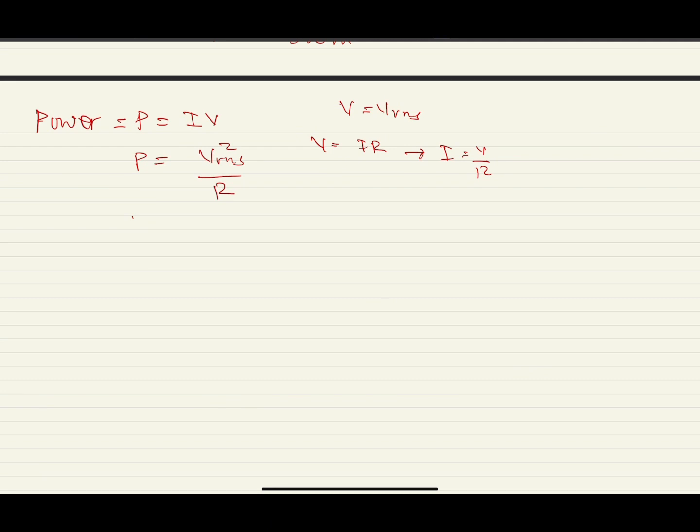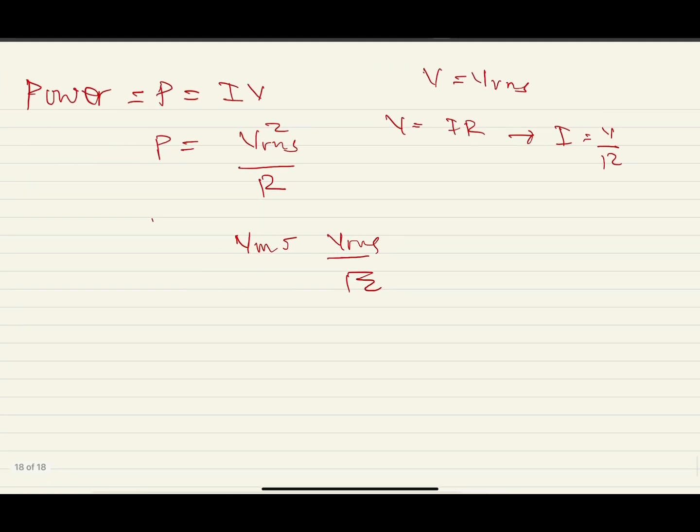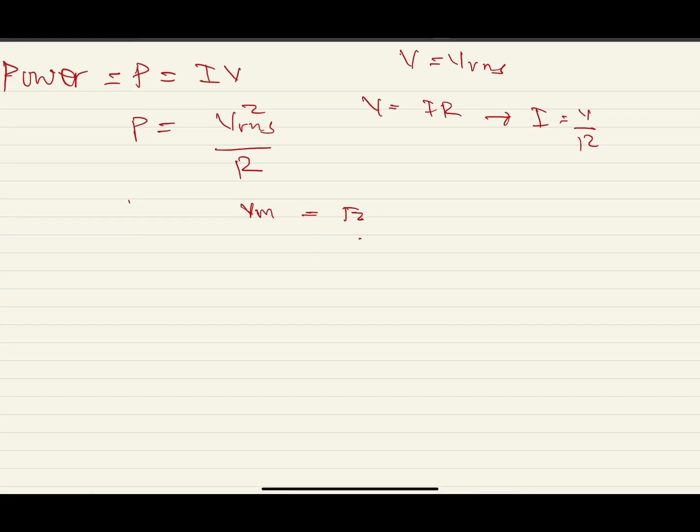We know that the VM amplitude is equal to root 2 VRMS, and therefore VRMS is equal to VM over root 2.